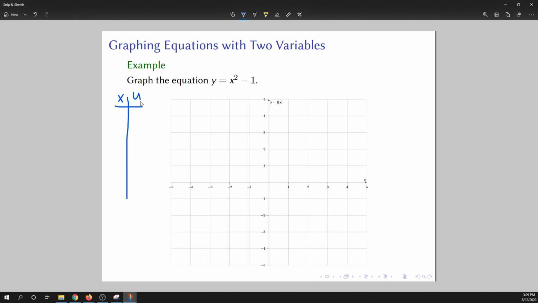And what we're going to do is make a little table, right? And we are going to pick some numbers to plug in for x in here. So on this particular one, I'm going to pick -2, -1, 0, 1, and 2.